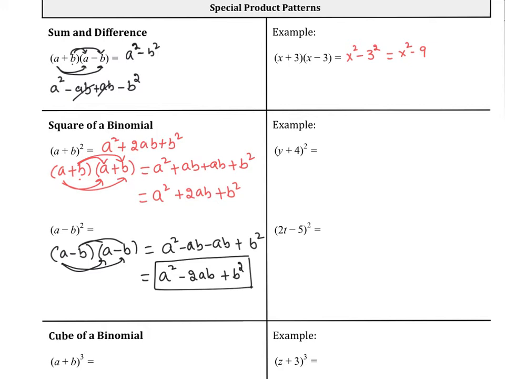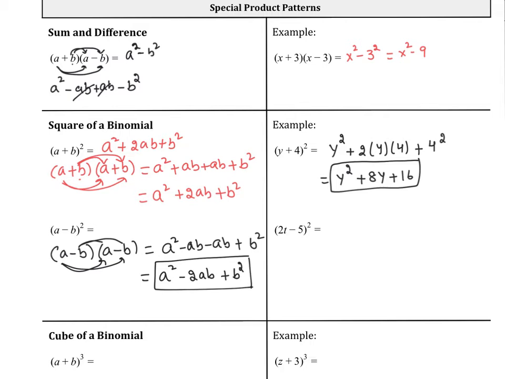So we're going to write here y square plus 2 times a times b, which means 2 times y times 4, and the last one we have is b square, which means 4 square. So it's going to be y square plus 8y plus 16.